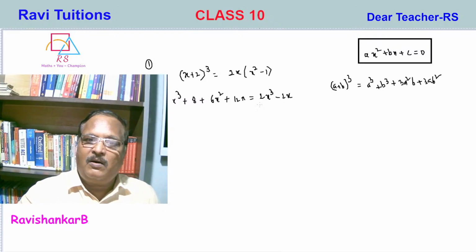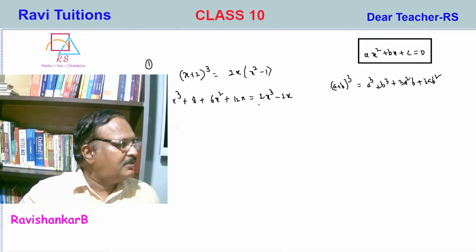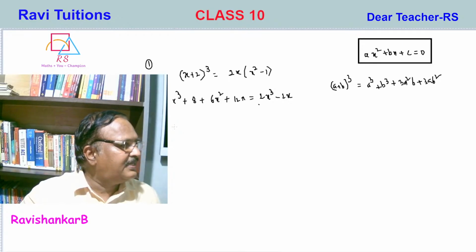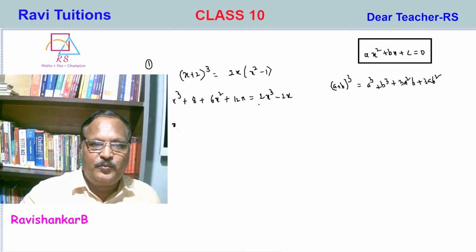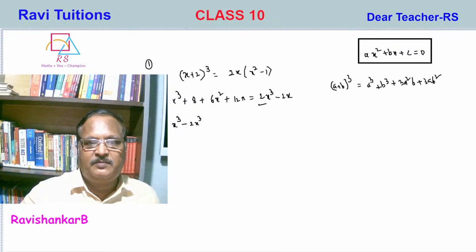Now all the terms bring it to the same side. There is one x cube term on the right hand side, you write it near the x cube term. After x cube, the x square term should be there, 6x square.